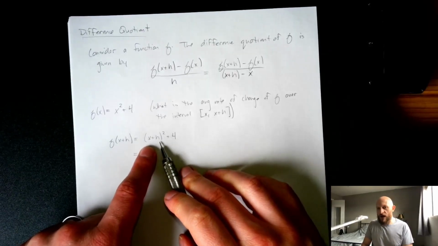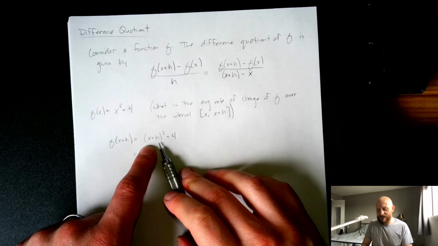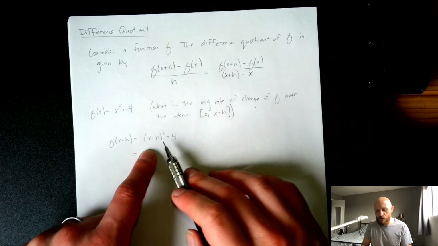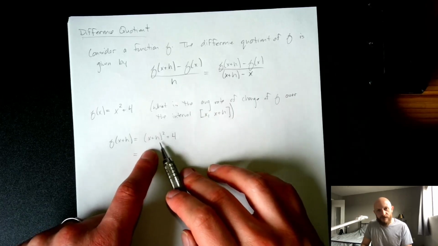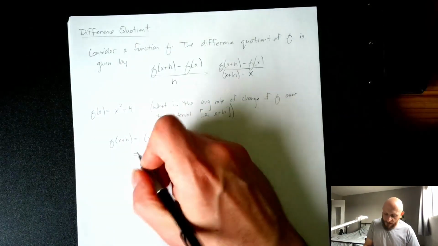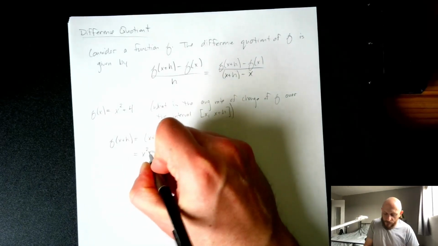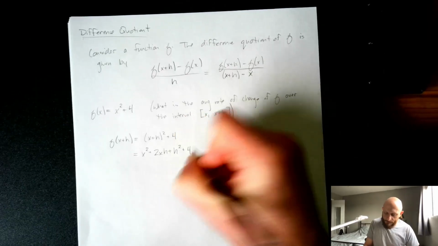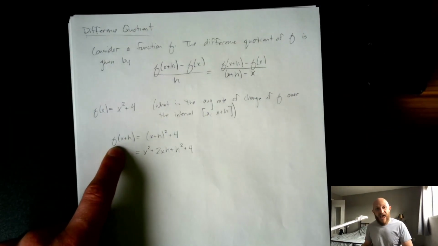Remember, big, huge asterisk: x plus h squared is not x squared plus h squared. Just burn that into your head. The square doesn't get distributed. You have to FOIL this thing out. And when you FOIL it out, it comes out to x squared plus 2xh plus h squared plus 4. So that's f of x plus h.